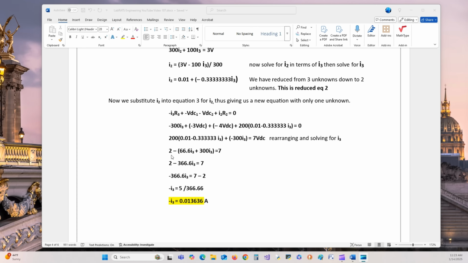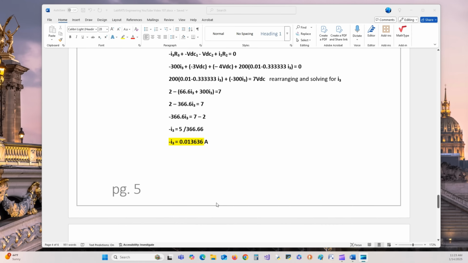Reducing further down, we have 2 minus 66.6 I3 plus 300 I3 equals 7. Bringing the 2 over to here, that reduces that to 5. Adding these two together makes a negative 366.6 I3. Now solving for I3, we just bring this under the 5. 7 minus 2 is 5, and then divide, keeping the sign for I3 here.